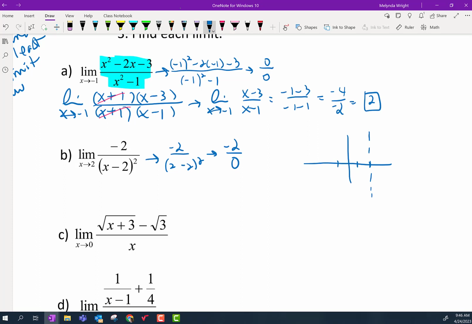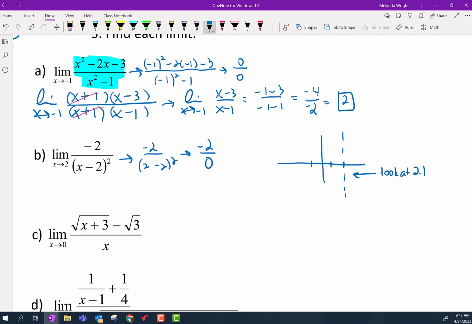As I'm coming from the right, I would want to look at 2.1. This is a numeric way to do the limits from both sides. You can do it numerically or graphically. I'm going to look at it numerically.